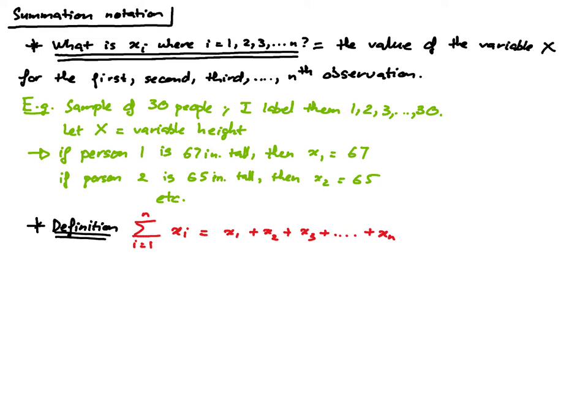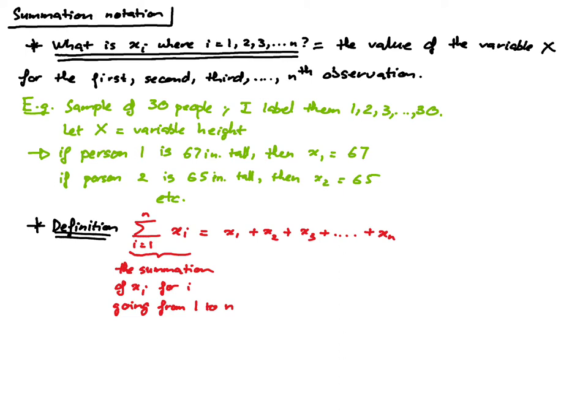We read this left hand side as the summation of x sub i for i going from 1 to n. Basically, the idea is wherever you see an i, you want to replace it with 1, 2, 3, all the way to whatever n is, and then you sum all those numbers up.